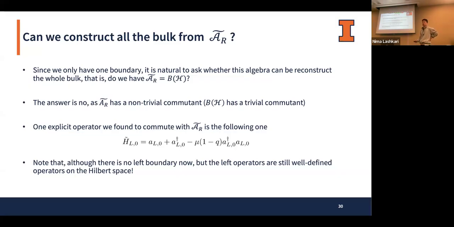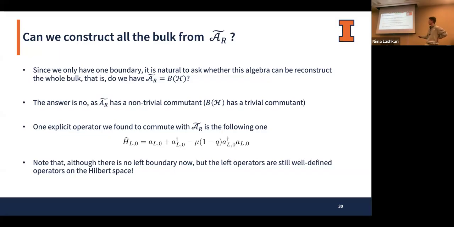In the two-sided case, we know it's not B(H) because it has a non-trivial commutant, which is A_L. I will show that even in the case that you have just one boundary, it's still not possible to reconstruct all of the bulk from this A_R tilde.